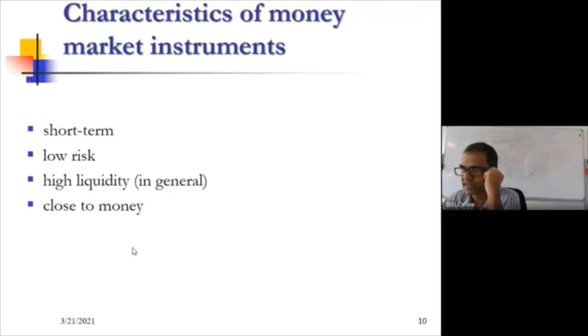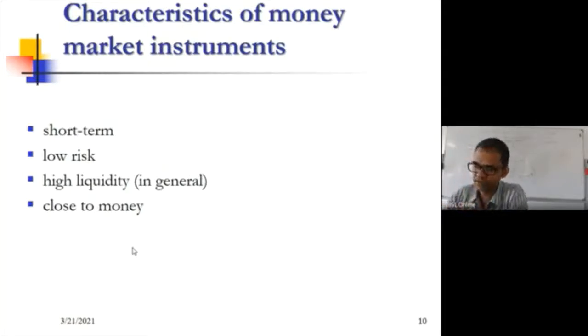So characteristics, as I mentioned, these are short term, low risk and highly liquid. You can sell or buy most of these instruments at any time, and since the maturity period is very low, you can consider them highly liquid and very close to money. It's not the same as holding money, but very close to money.